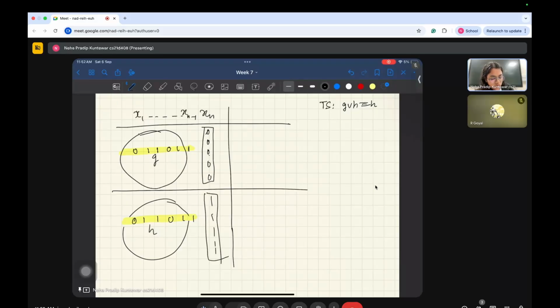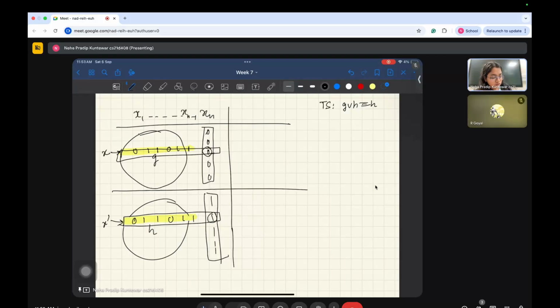The only difference between these two strings is that this is a 0 here and the nth bit is 1 here. I'll call this x for now, these values of xn minus 1 appended with a 0, and this is our y or x prime, which is the same values but appended with a 1.